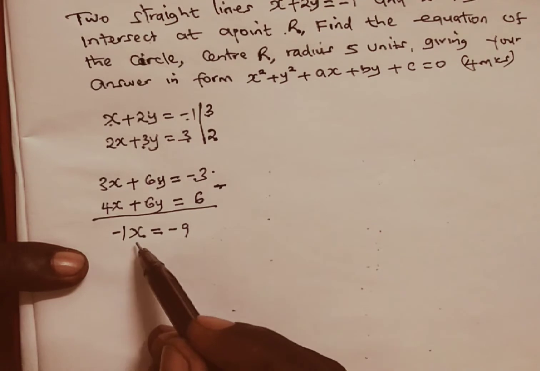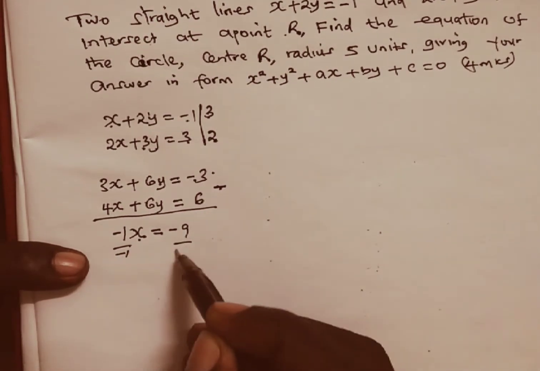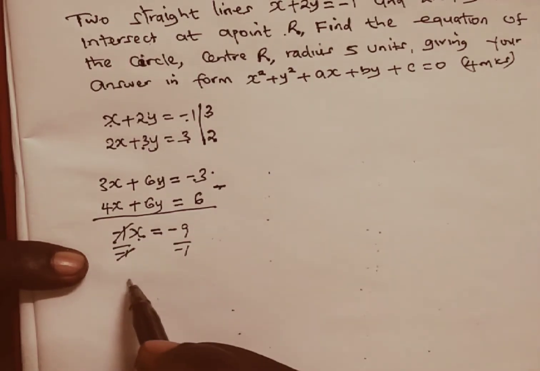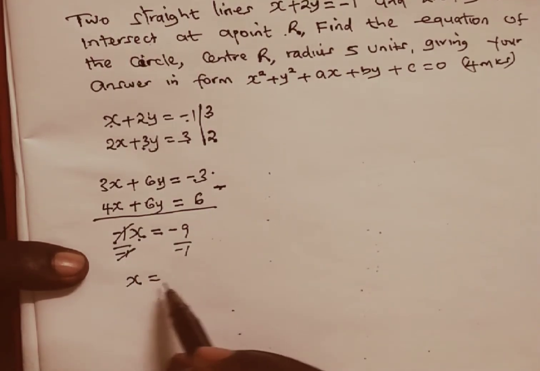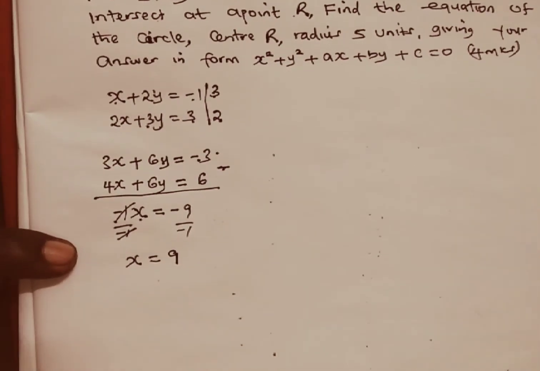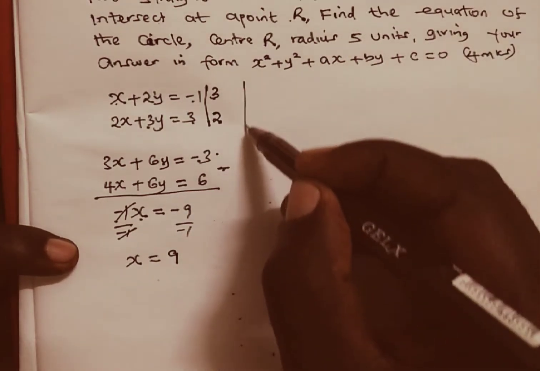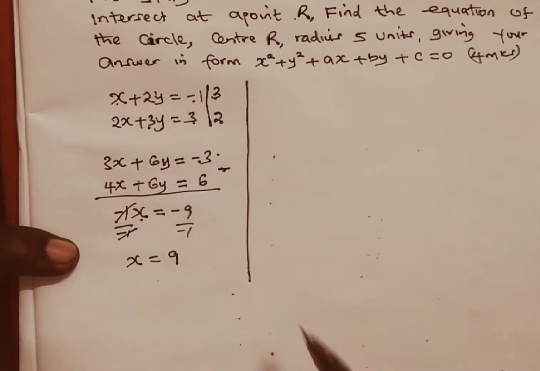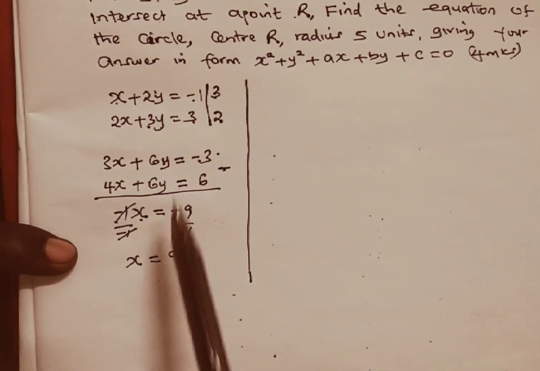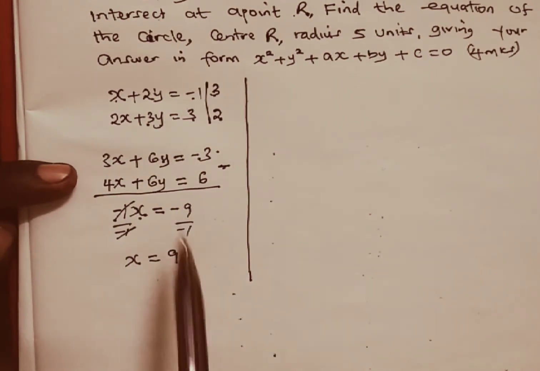To get the value of x, we divide both sides by -1, where -1 and -1 cancel to remain with x, and x is going to be equal to +9. That is, -9 divided by -1 will give us +9.